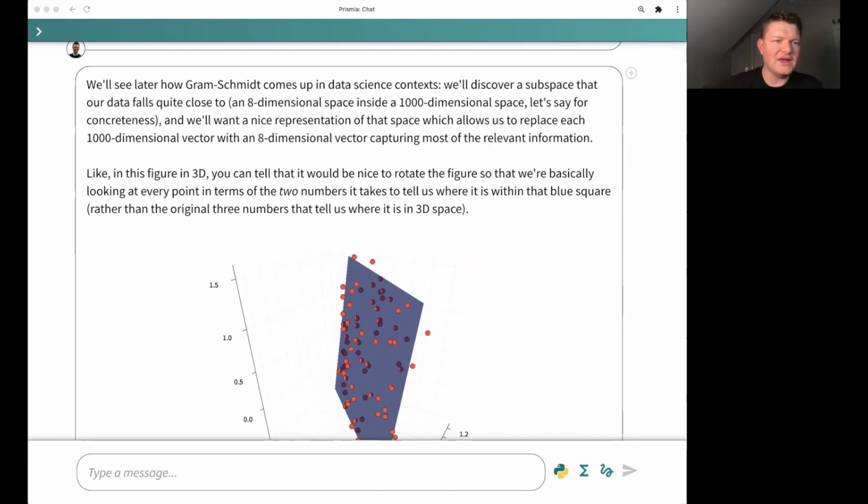We want to come way down to, let's say, an 8-dimensional space, maybe because it just so happens that with 8 dimensions, you can pretty accurately capture the data set. And that's going to simplify our processing, maybe cut down on some of the noise in the data set. It could be useful for a variety of reasons. And let's say we want to do that.